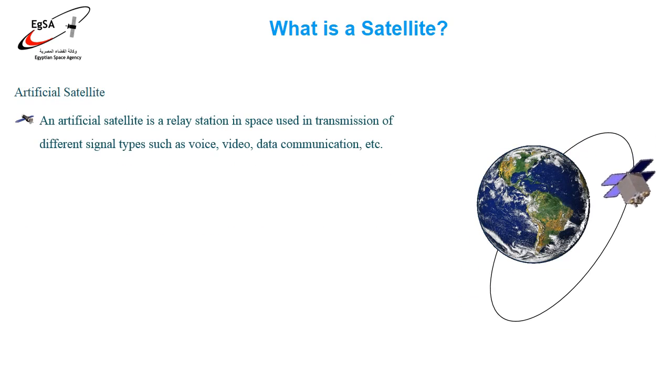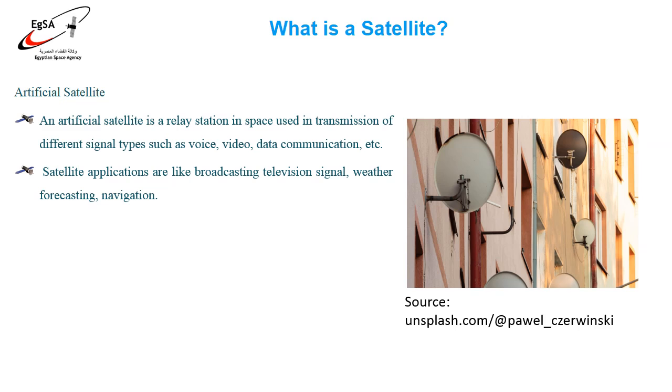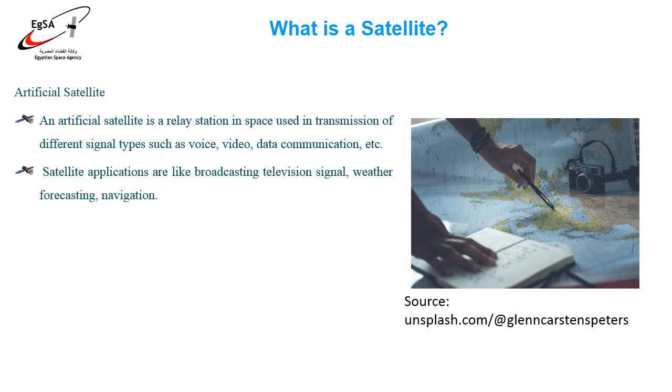An artificial satellite can be defined as a relay station in space used in transmission of different signal types such as voice, video, data communication, etc. Satellites can be used in many applications like broadcasting television signals, weather forecasting, navigation, and many other applications.